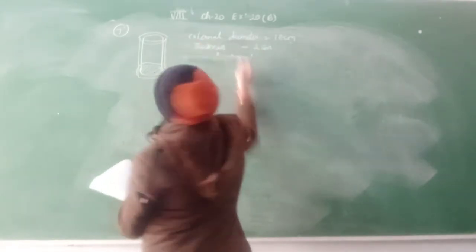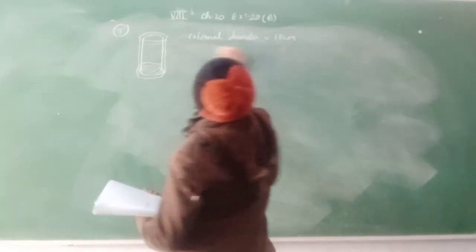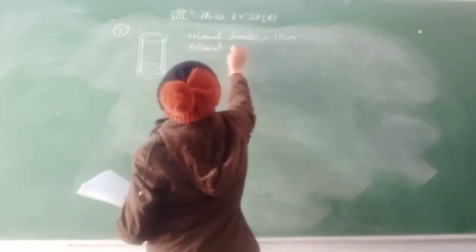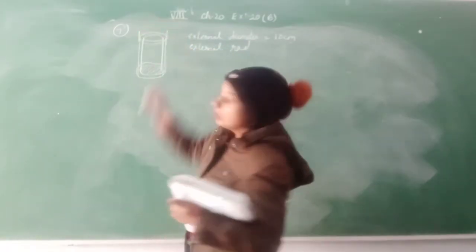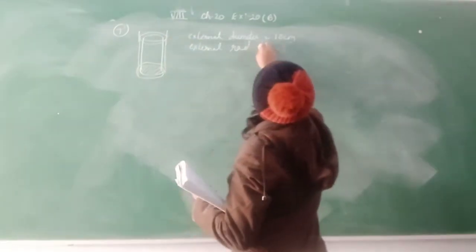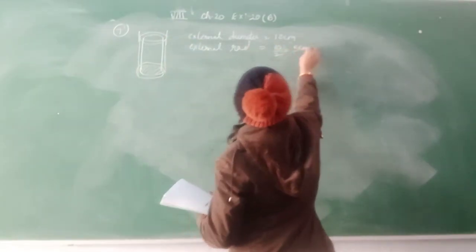See, directly you can get the value of radius here. Just wait. External diameter is here, so you can get the external radius, from this point to this point, the outer one. How will you get the radius? Divided by 2. So 5 centimeter will be the radius.